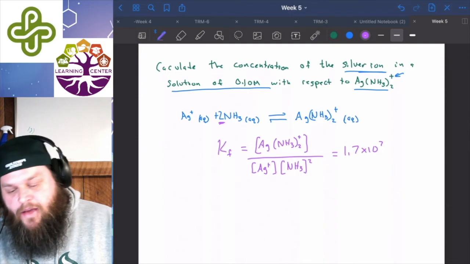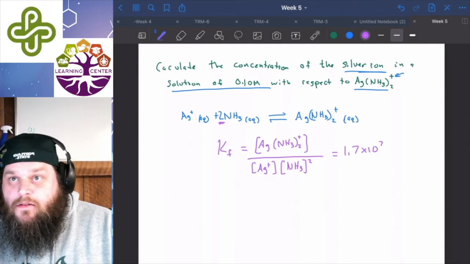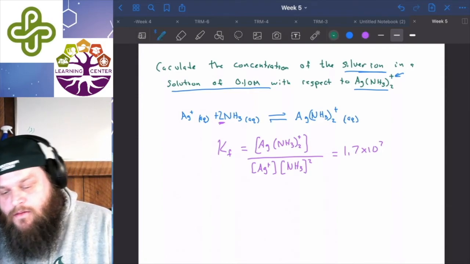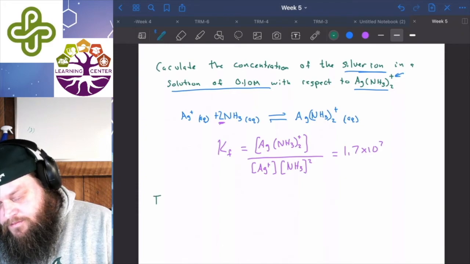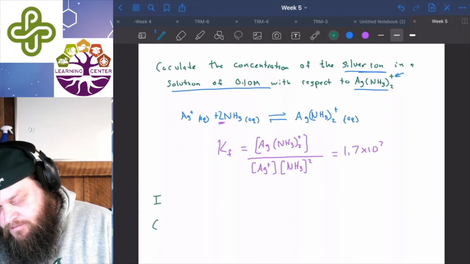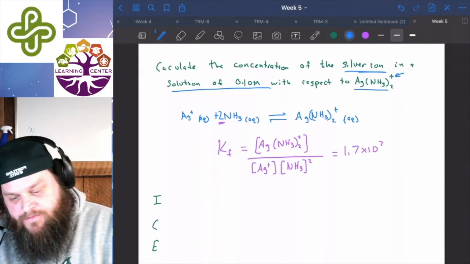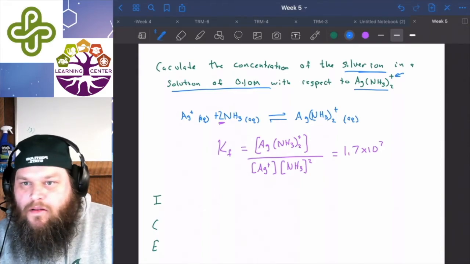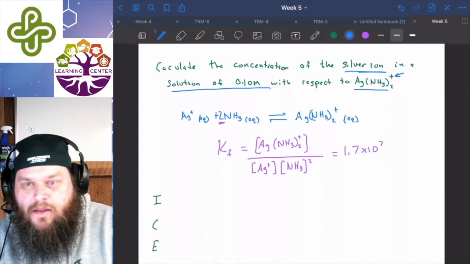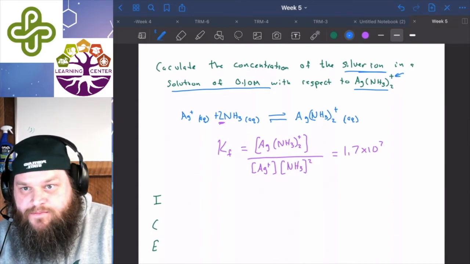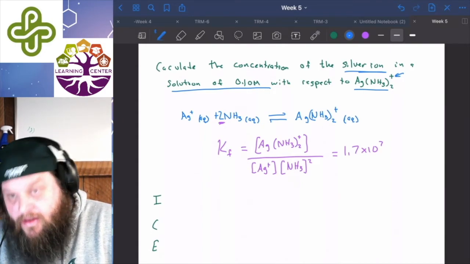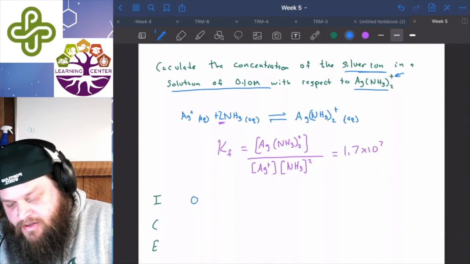Now if I do my ICE table for this, my initial concentration is what we need to find out for the complex ion. Or we know that, I'm sorry. We start out with the initial concentration of 0 and 0 for the ions.